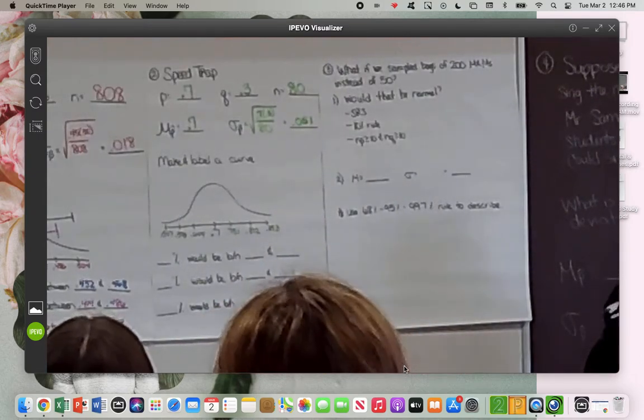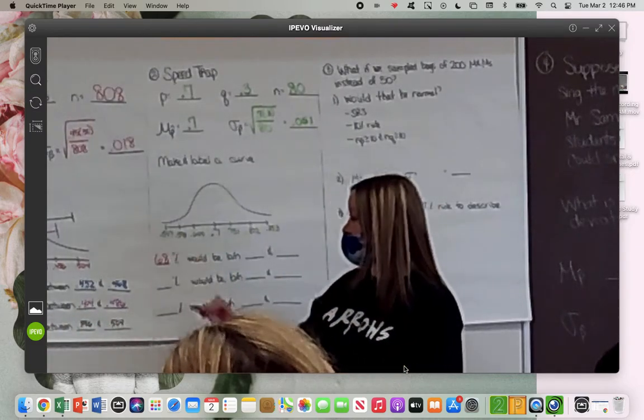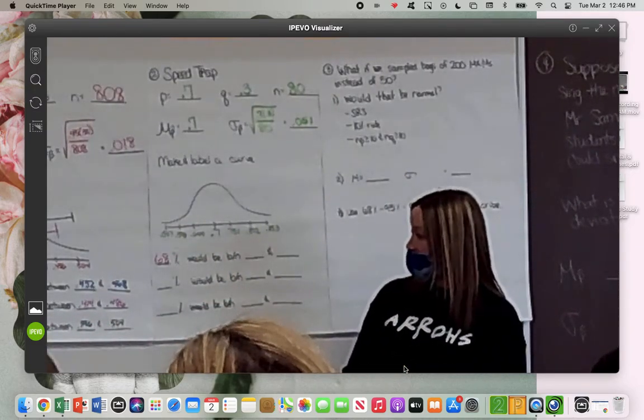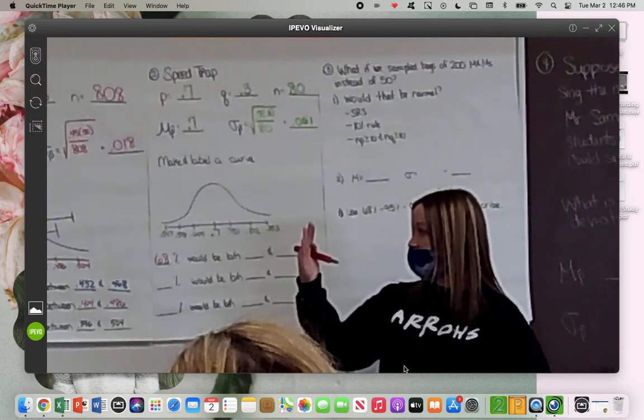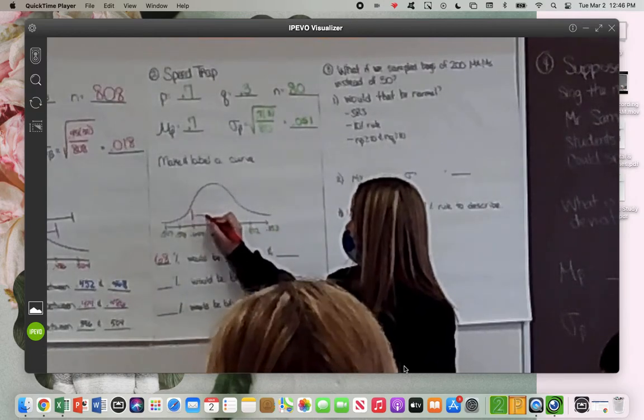All right, so for this one, what values do we use for our 68%? We expect them to be from, what's the lower number and what's the higher number? 0.649 to 0.751. Yep.